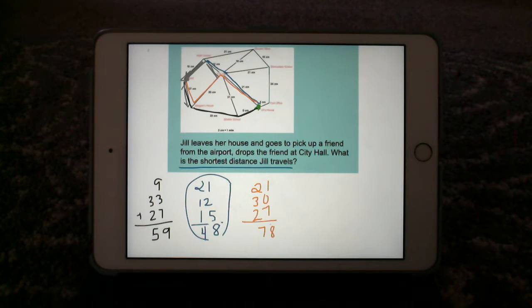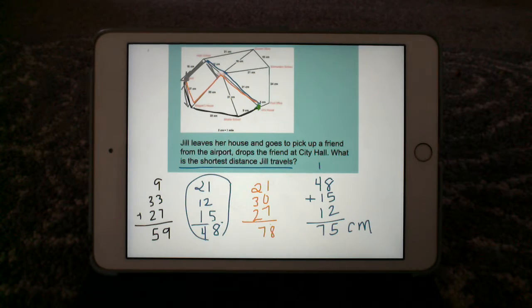Okay, so the shortest distance would be the shortest distance I found to arrive at the airport, plus the shortest distance to return back to City Hall, which is 15 and 12, which I will then add together. And I get a total distance of 75 centimeters.